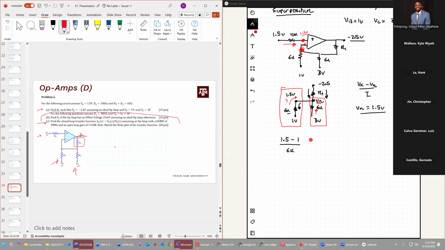And that current's flowing in this direction. And then we have this current over here, also flowing from high to low. I'll call this I2. We'll say I2 is 3 minus 1.5 divided by 6K. And this current is flowing up. This current over here is flowing down.